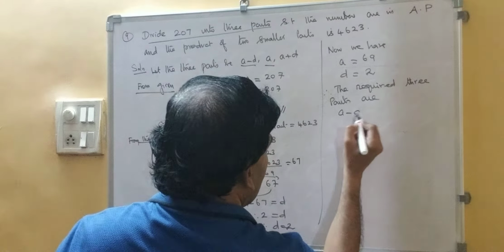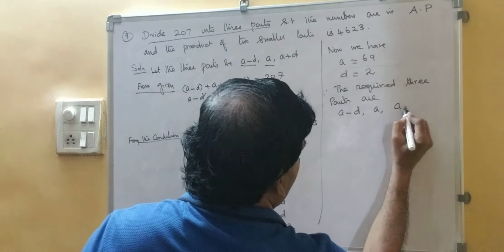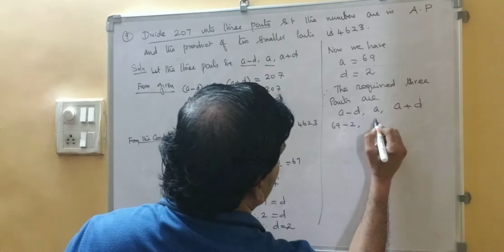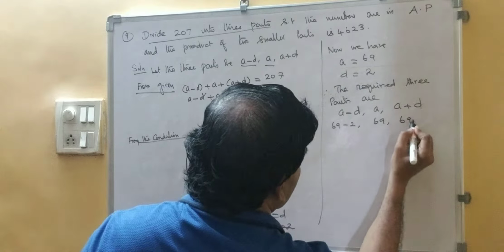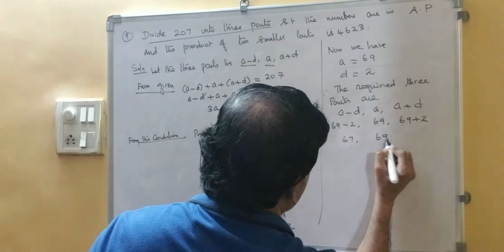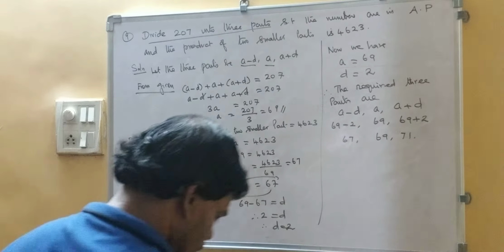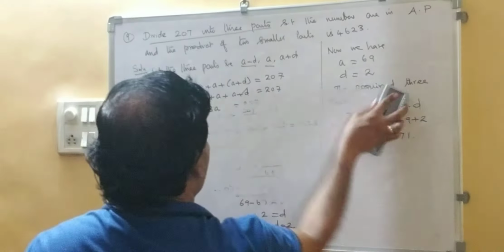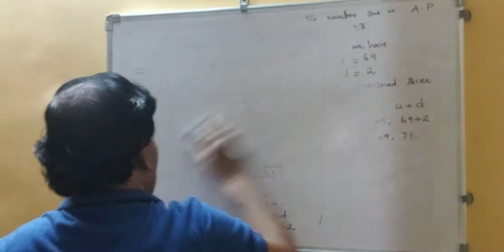A minus D, A, A plus D. Substitute the value. 69 minus 2, 69, 69 plus 2. So, 67, 69 and 71. Is it interesting? Yes, it is really interesting. Now, next sum we will do.